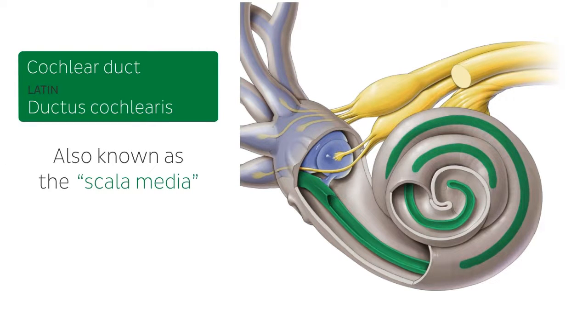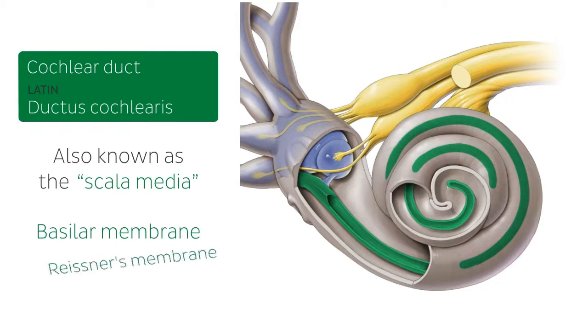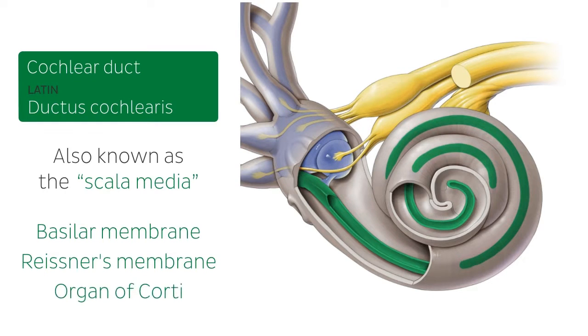The cochlear duct, as you can see in this image, has a central position in the cochlea and separates the cochlea into two canals, the scala tympani and the scala vestibuli. It is separated from the scala tympani by the basilar membrane, and from the scala vestibuli by the Reissner's membrane. In the basilar membrane of the cochlear duct rests the spiral organ of Corti, which projects into the cochlear duct and is the sensory organ for hearing.